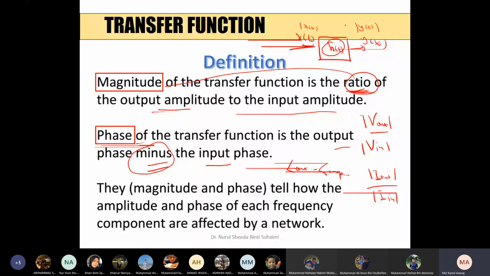For the phase, it is whether you have a phase shift or not. What happens to the phase of the input when it goes through the system. So the magnitude and phase tell the relationship, the component affected by the network, by the system.